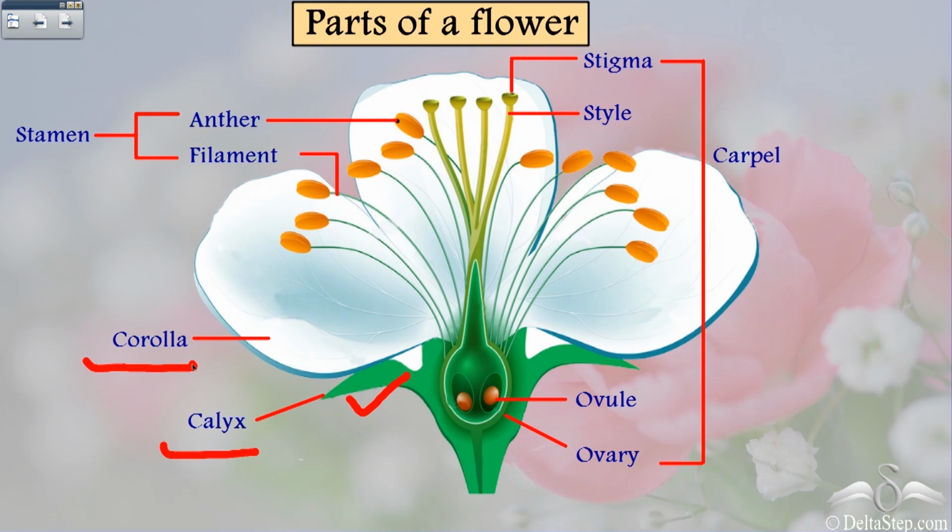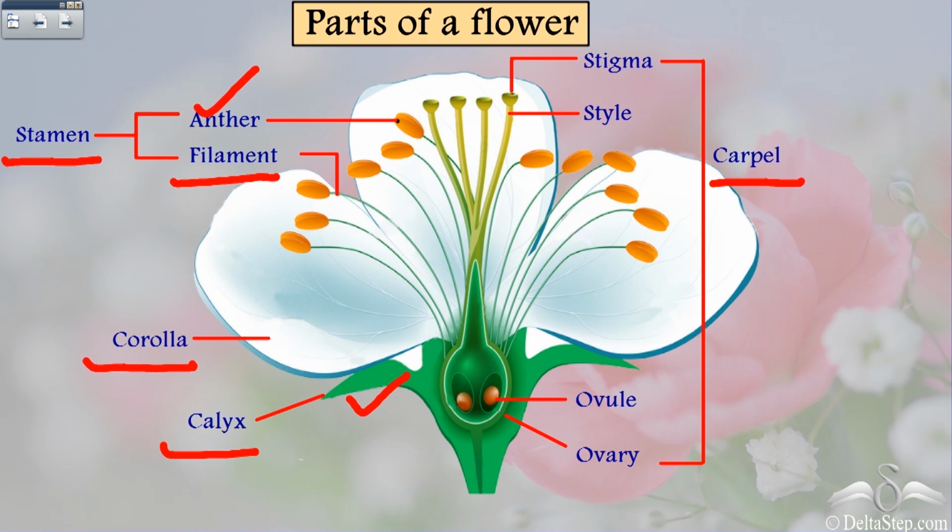So, the androecium is made of stamen, and the stamen has got two parts. The head of the stamen is known as anther and the body of the stamen is known as filament. And the female reproductive part is known as gynoecium. Gynoecium is made of carpel.